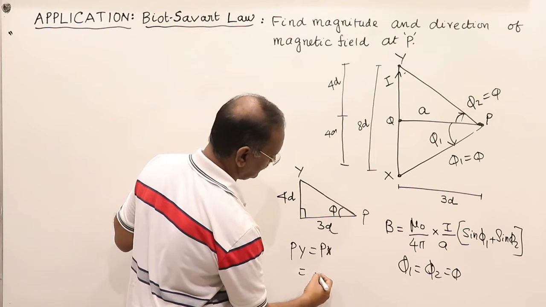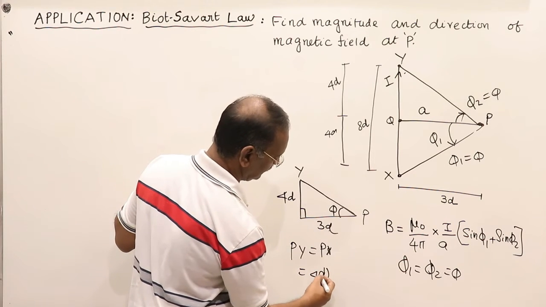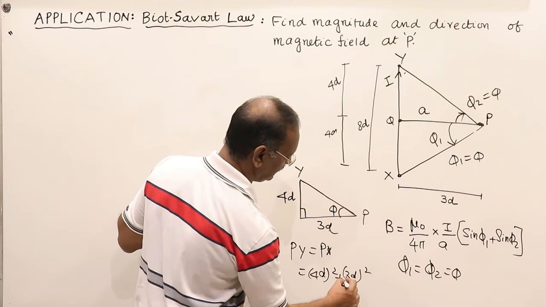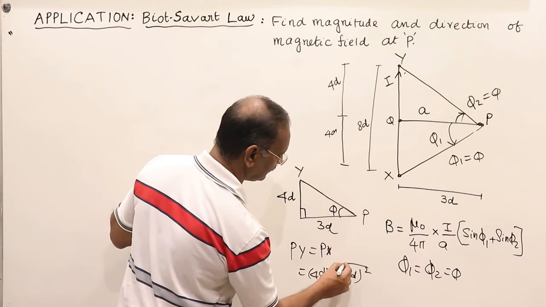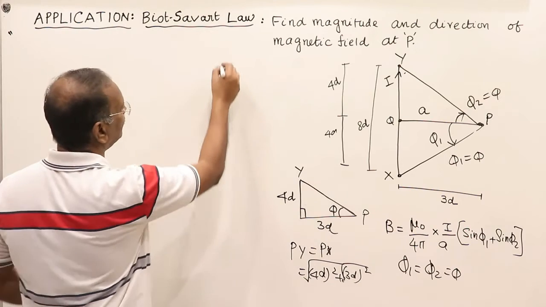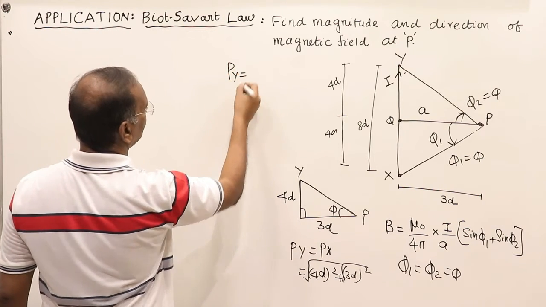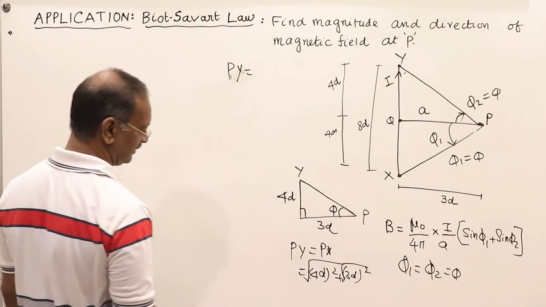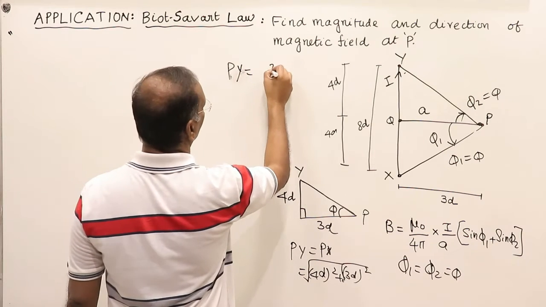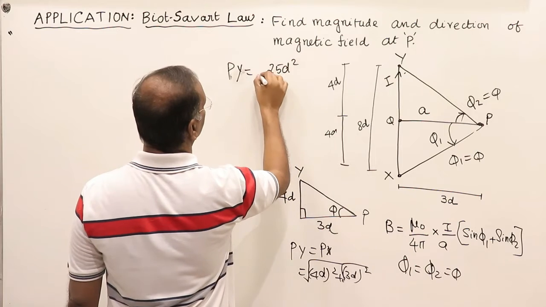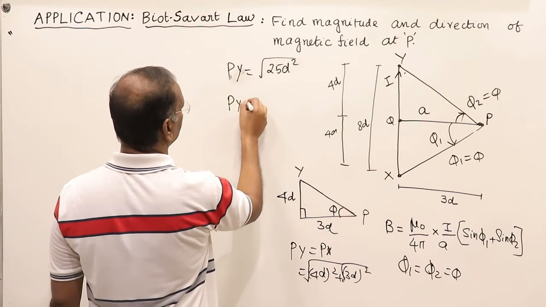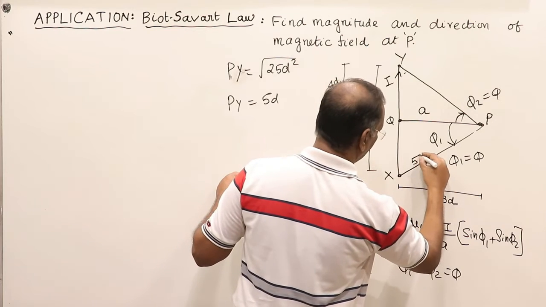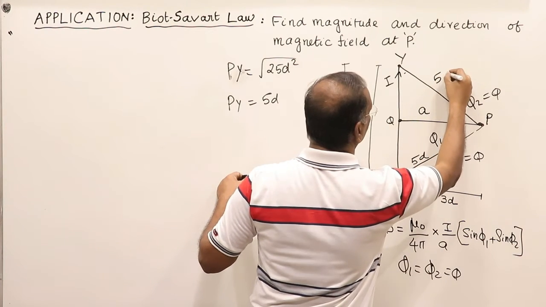So that is equal to the square root of 4d whole square plus 3d whole square. Therefore Py is the square root of 16d square plus 9d square, 25d square. So Py is equal to 5d. This distance is 5 times d, this is also equal to 5 times d.